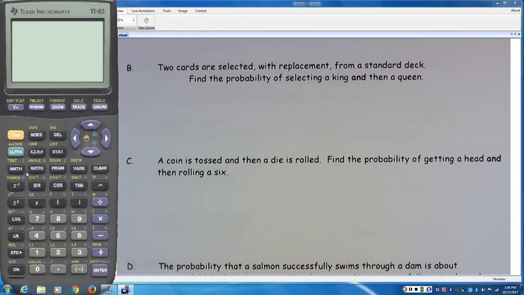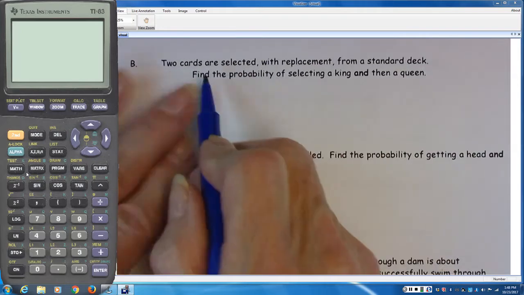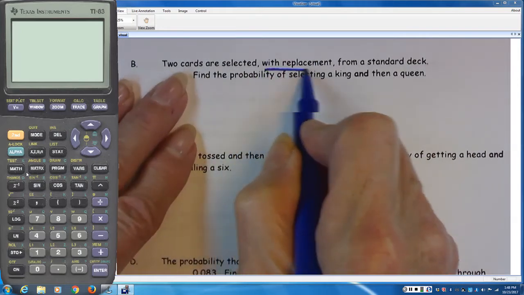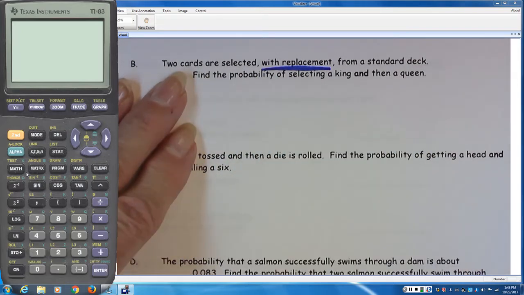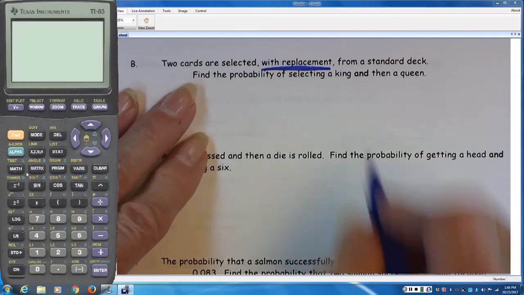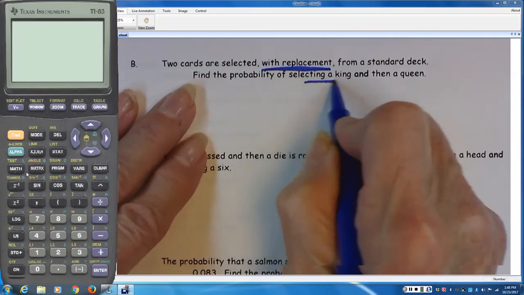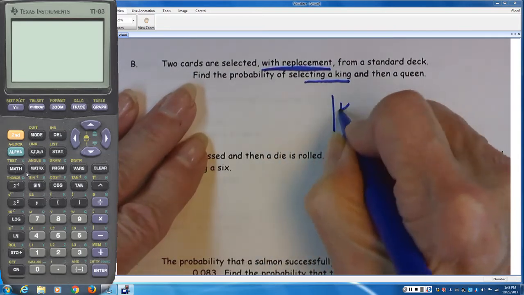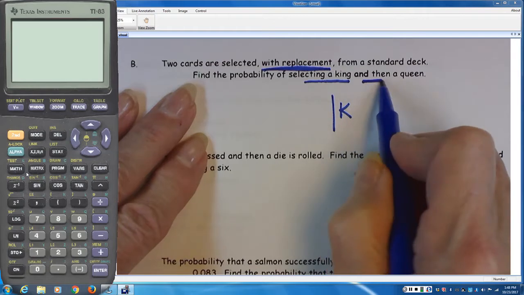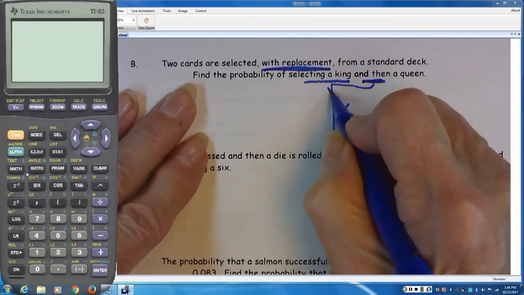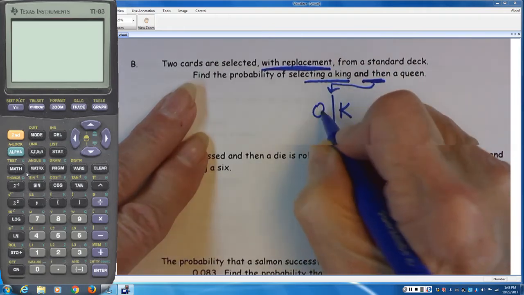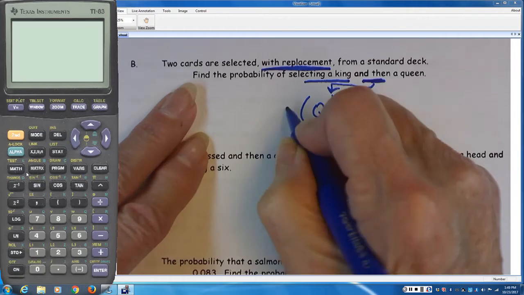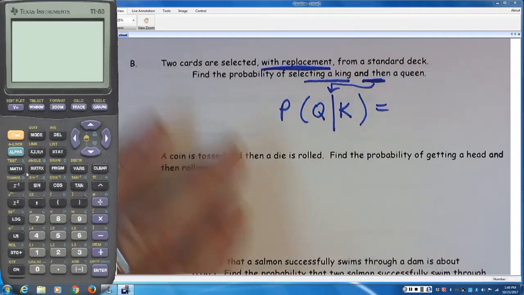Okay, same question. 2 cards selected, but this time it's with replacement. Okay? Probability of selecting a king and then a queen. So that's what that looks like.